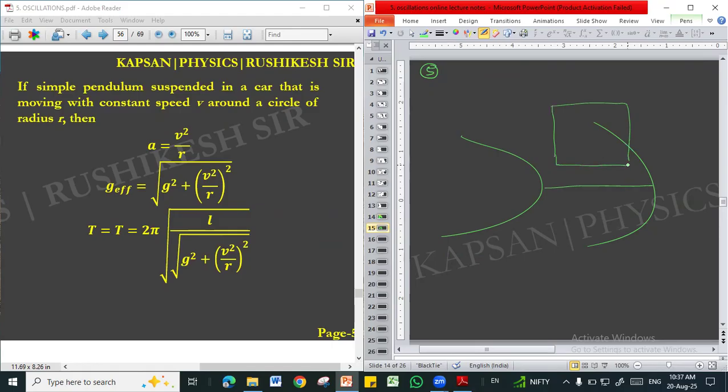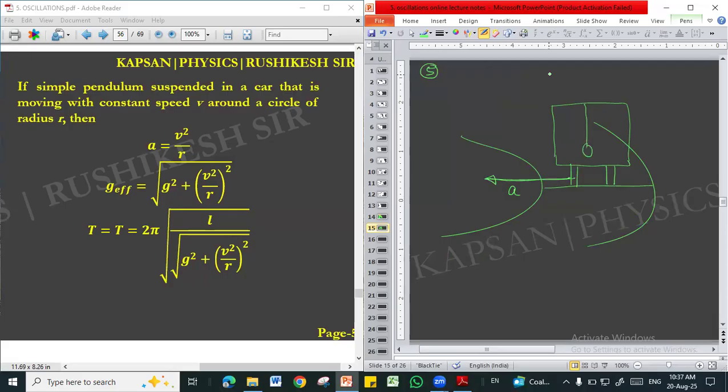If the vehicle is at rest or not accelerating, the pendulum will be vertical like this, and it will oscillate about the equilibrium position. But what if our vehicle accelerates? From the ground perspective, the vehicle is performing circular motion, so the acceleration of the vehicle is the centripetal acceleration.